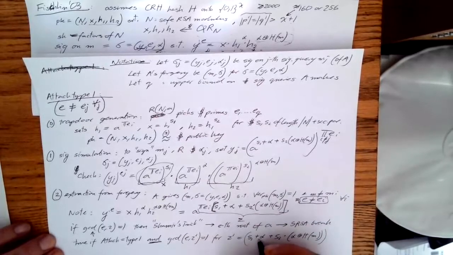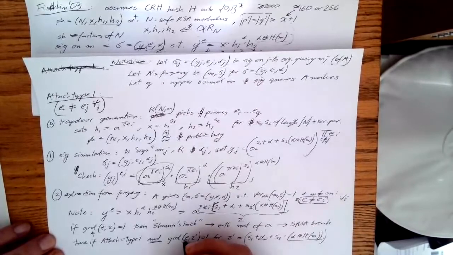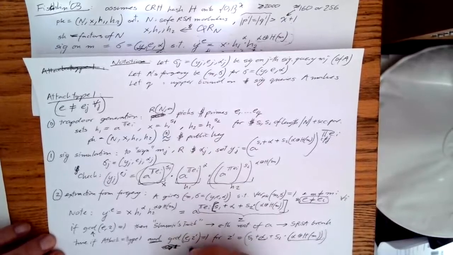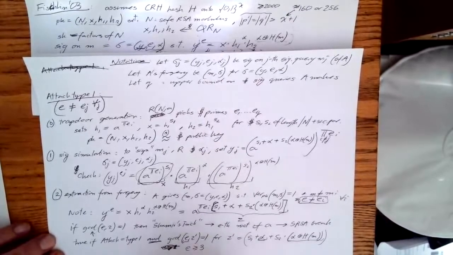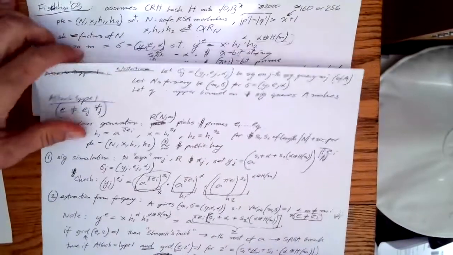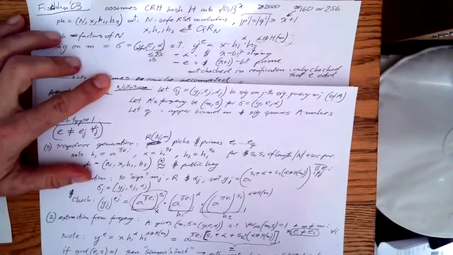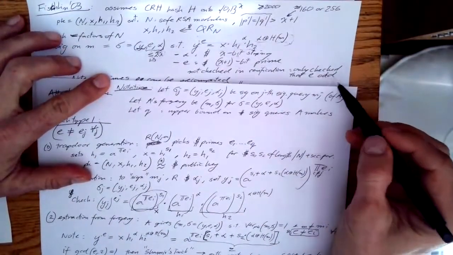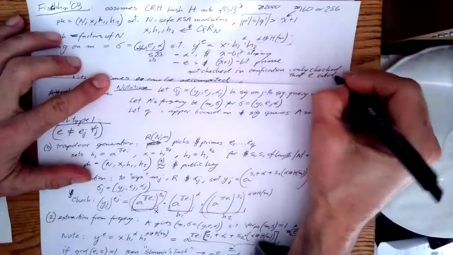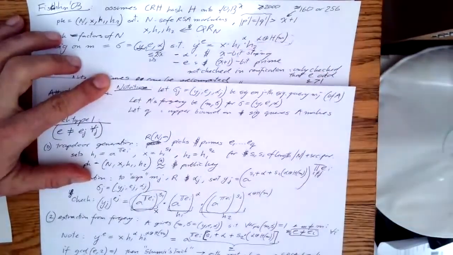Note, adversary chose alpha and chose M, so he chooses D and he chooses E. And all we know is that E is greater than 2, or actually, E is greater or equal to 3, because the only thing checked in the verification is supposed to be that E is odd, okay, and it's not 1, okay, and odd and greater than 1, right?